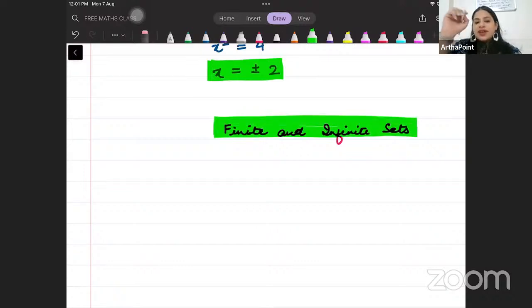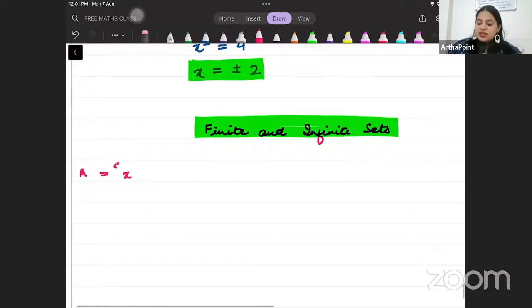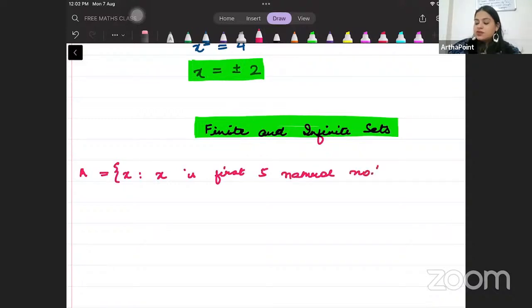So beta, when I say finite sets, as the name suggests, finite should have a finite number of elements in it. Just for example, I define a set A, and this set A is x such that x is the first 5 natural numbers.